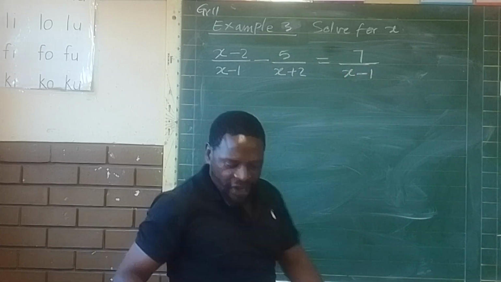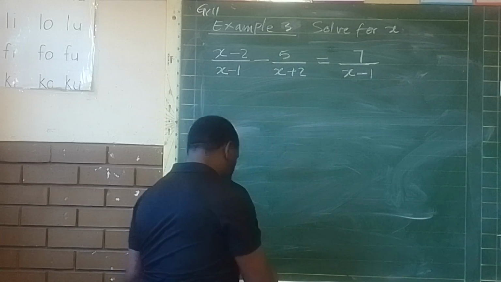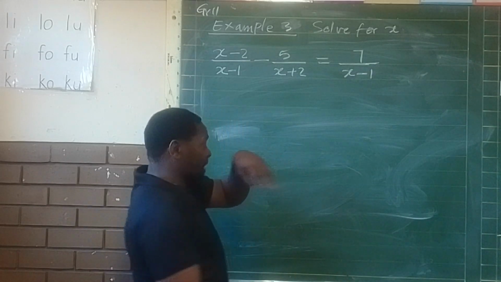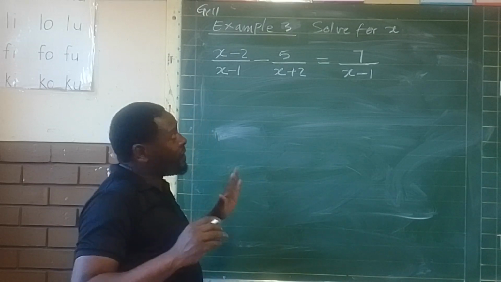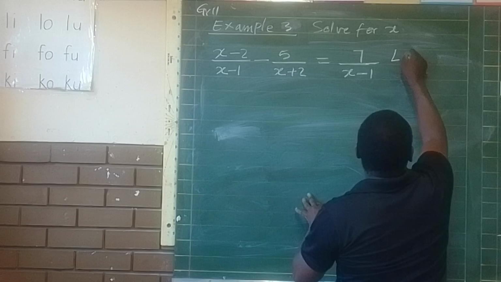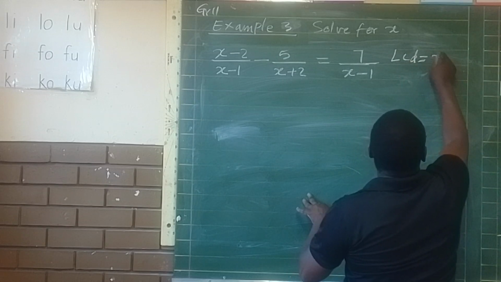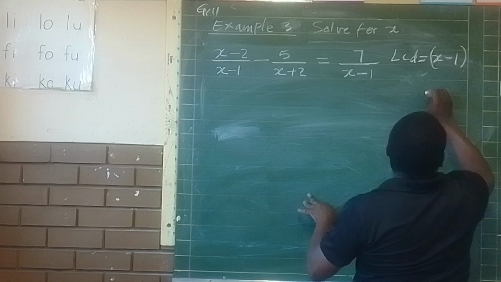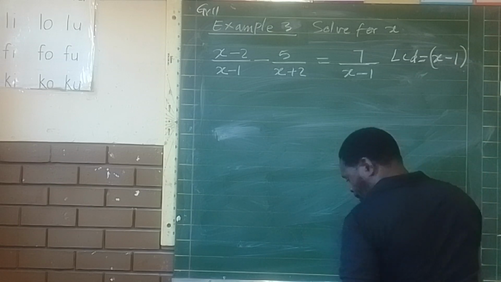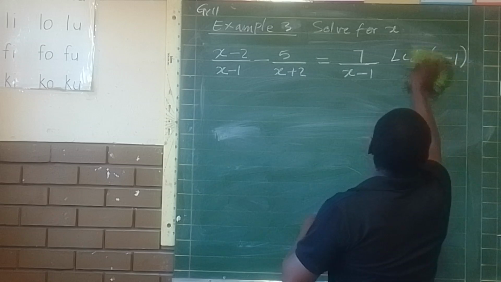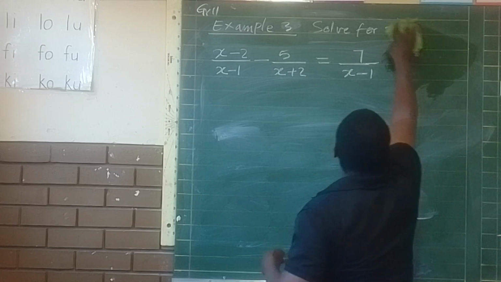Now, here you have to pay attention, grade 11, there is nothing difficult here, it just needs you to have a system. The system that we are going to use here: the LCD is equal to x minus 1, we know we are solving for x.